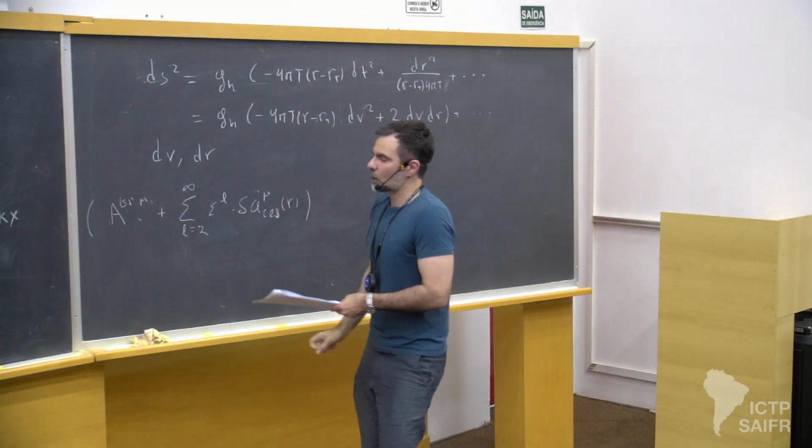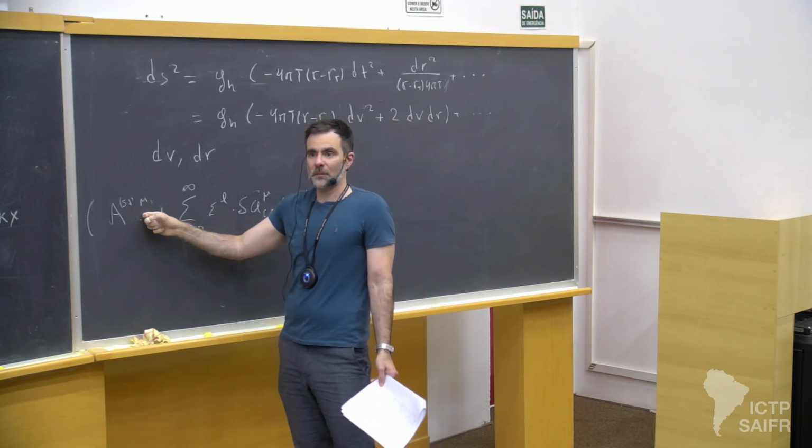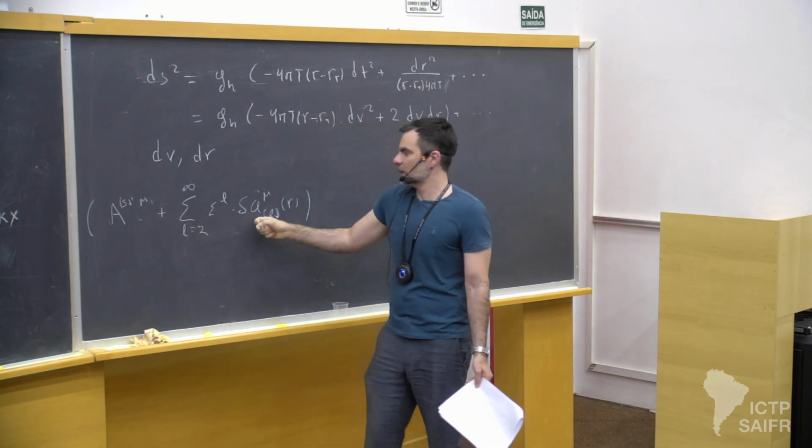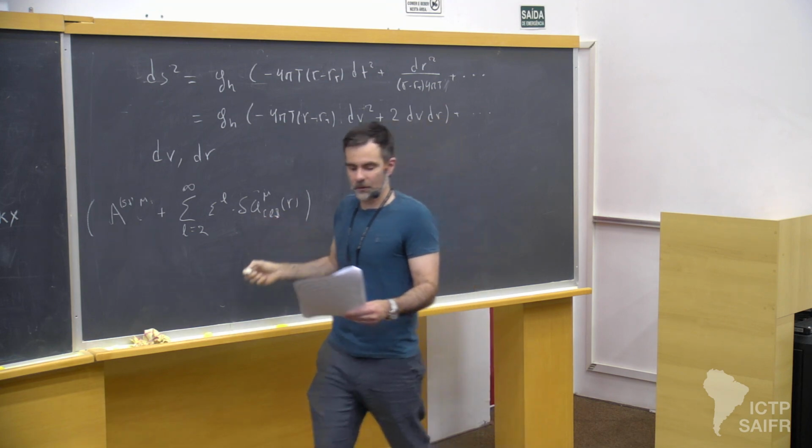The goal is now to go back to the equation of motion. I know that this is a solution at exactly epsilon equals 0, and start correcting the system by constructing these solutions.